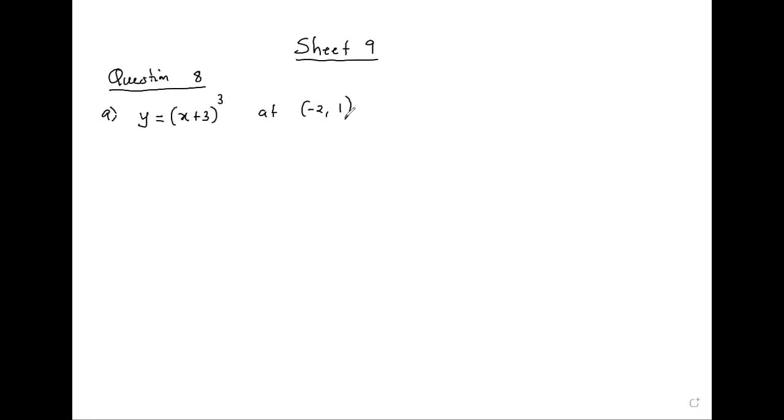We start from there. Now the equation of the tangent line is simply an equation of a line, which is y is equal to mx plus c, or y minus y1 is equal to m(x minus x1).